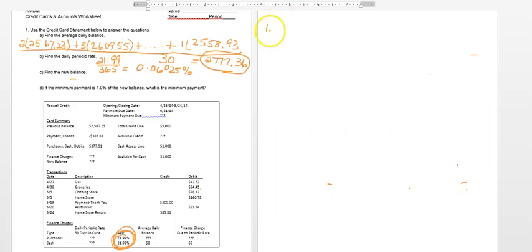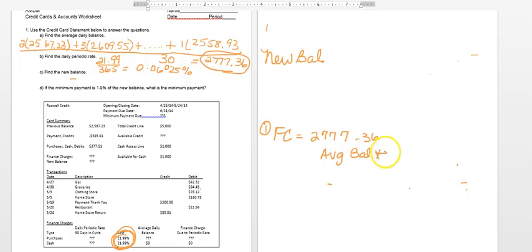All right, to find my new balance, I first need to calculate what my finance charges are. The way I calculate my finance charges, I take my average daily balance, which is $2,777.36, and I multiply that by the daily rate. Now don't forget to move that decimal over 2 places.